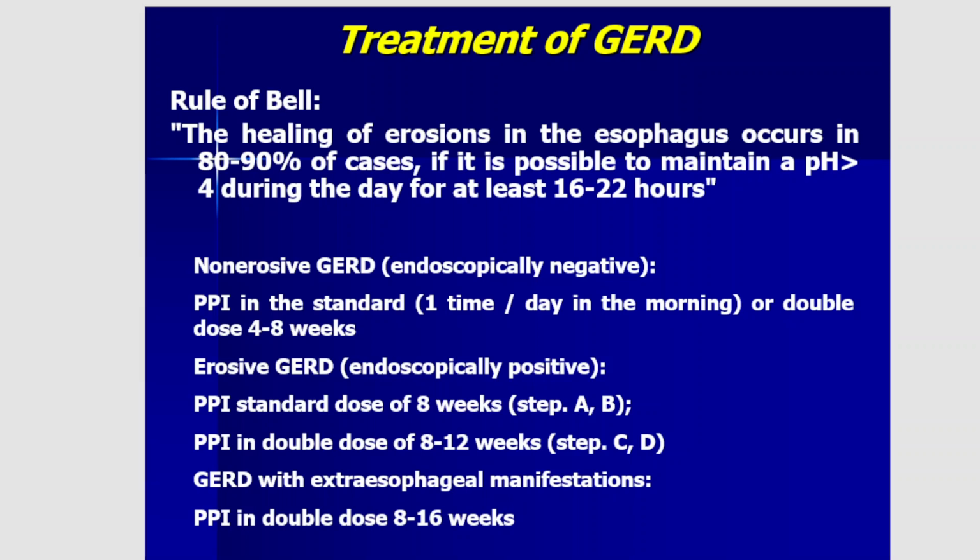Treatment of gastroesophageal reflux disease. Rule of Bell: the healing of erosions in the esophagus occurs in 80–90% of cases if it is possible to maintain a pH more than 4 during the day for at least 16 to 22 hours.